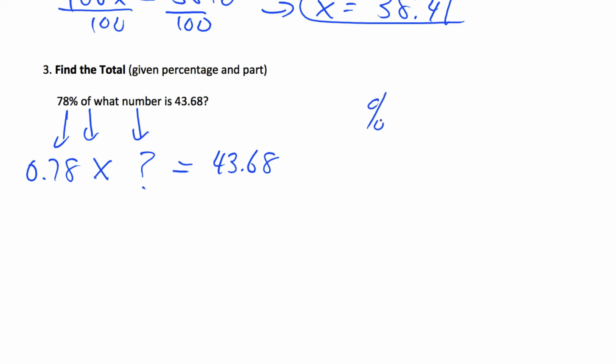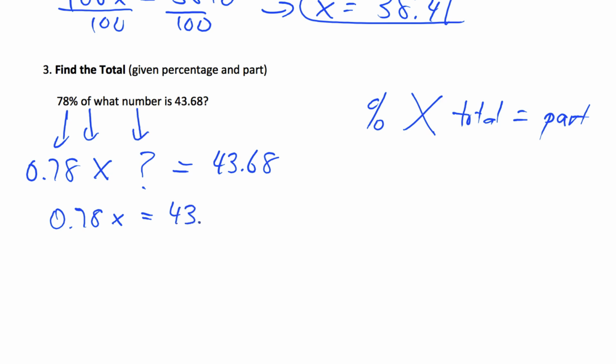So again, we're using our formula, percentage multiplied by total, to get part. So that would mean that 0.78 multiplied by the unknown, let's call that x, equals 43.68. 0.78 times something is 43.68, so we can get x by dividing 43.68 by 0.78, and if you do that in your calculator, you're going to get 56.